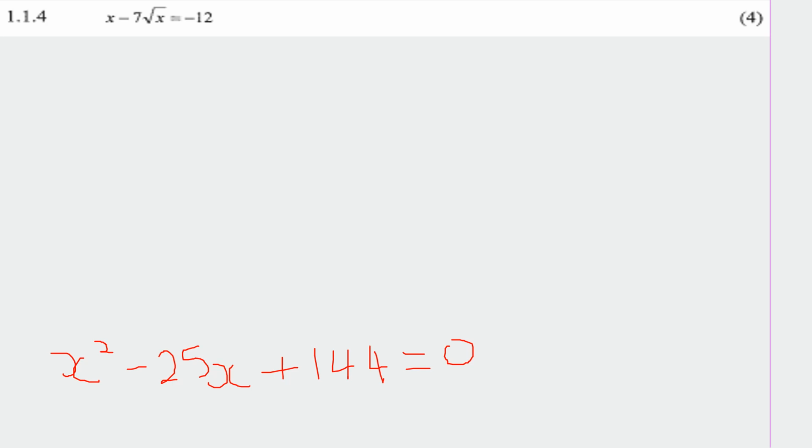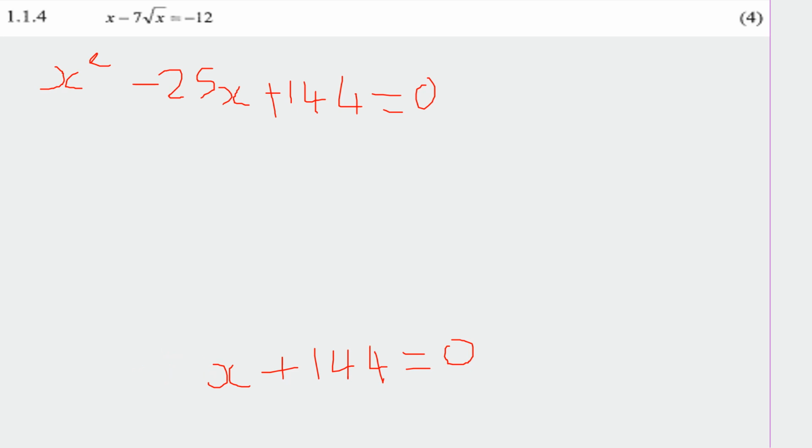So actually what we had is x squared minus 25x plus 144 equals 0. So now I can erase this part. Now when you factorize, you're going to get your answer like this.